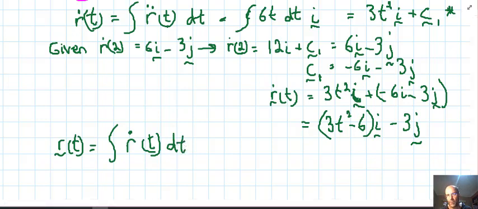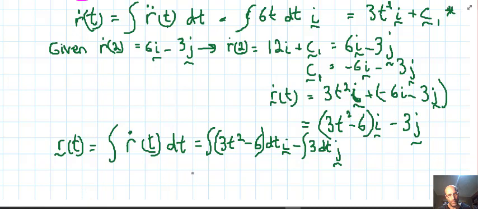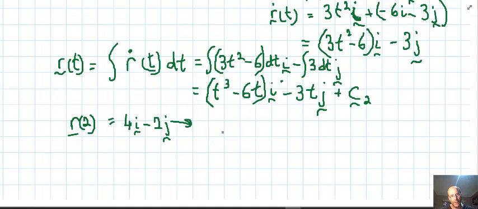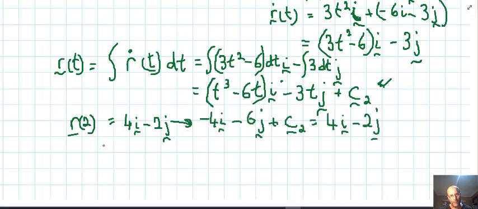Same process. Okay, so like last time we do that, and then we take the integral, and done like so. And now we have to use the given information for r of 2. So we're using r of 2 to help us out, and we've got on the left hand side using what we have in the previous line there, subbing in 2, so subbing all that in, and equating i and j components again.